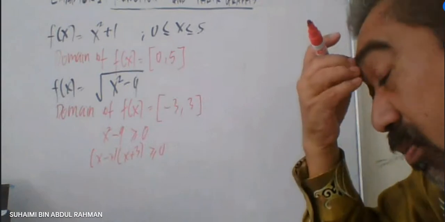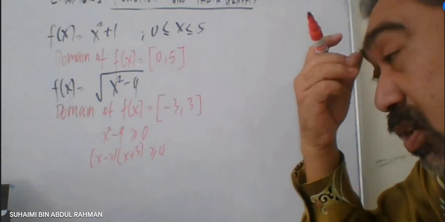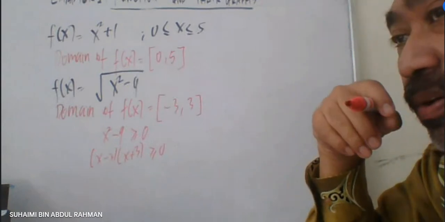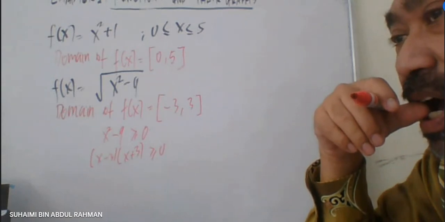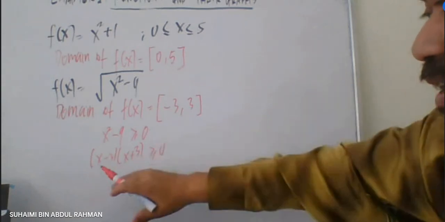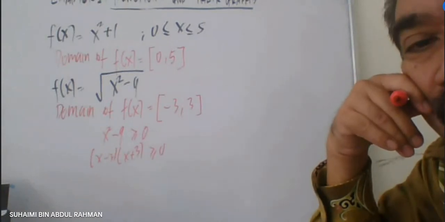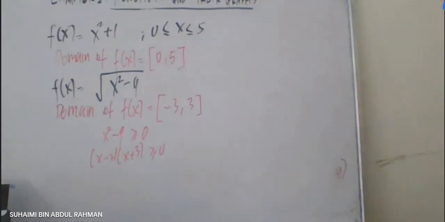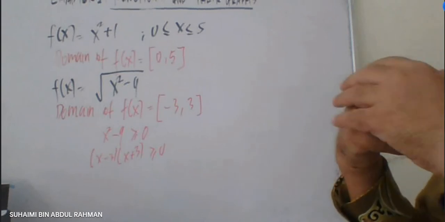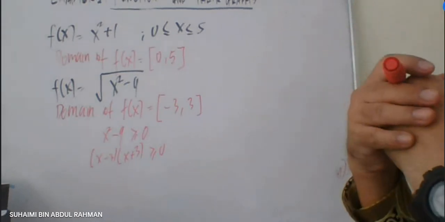So up till here, what do we have to do? Go back to the inequality. x minus 3 equals 0, x plus 3 equals 0. So what do we say then?